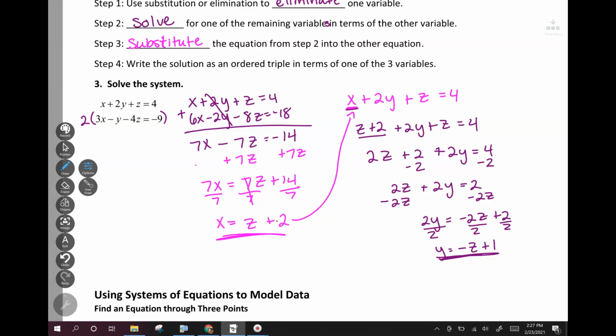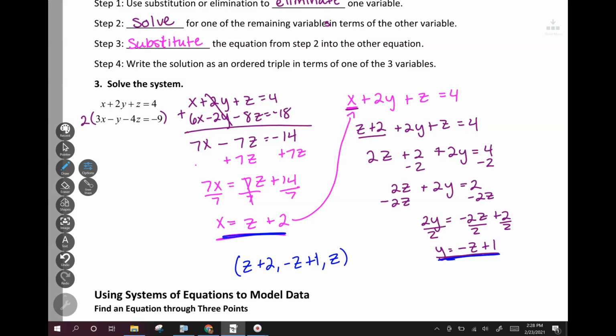So I've got x equals z plus 2, y equals negative z plus 1, and the z is actually just going to remain z in your ordered triple. So here's how we'll write the solution. x is z plus 2, y is negative z plus 1, and z is just z.